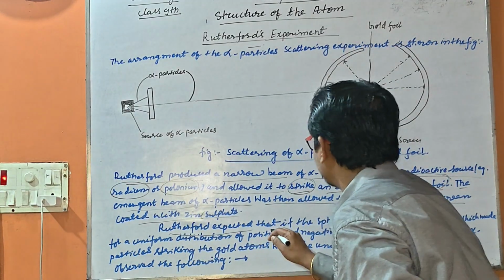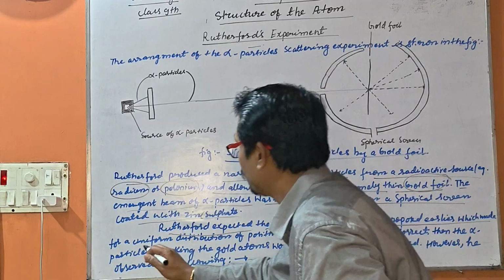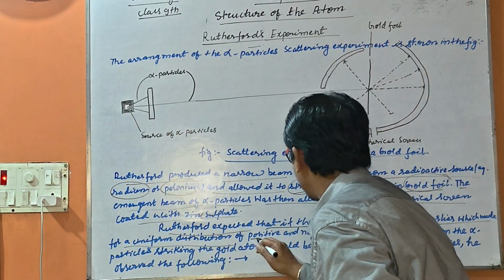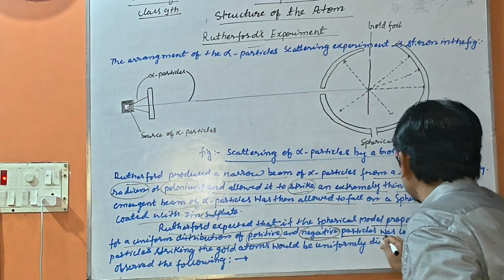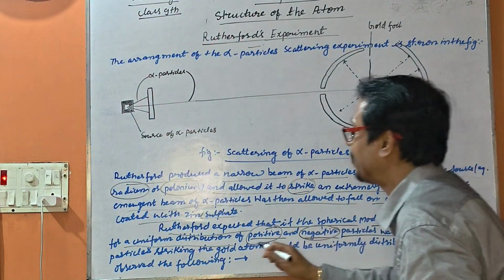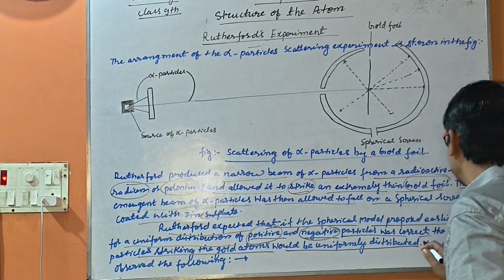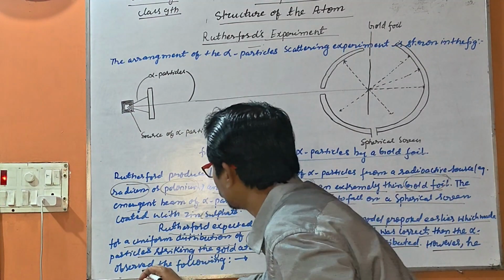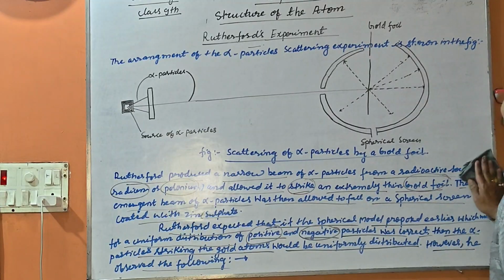Rutherford expected that if the earlier model, with a uniform distribution of positive and negative particles, was correct, then the alpha particles would be uniformly distributed. However, he observed the following.